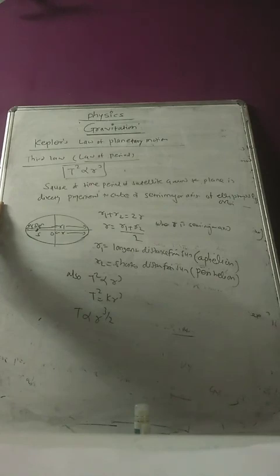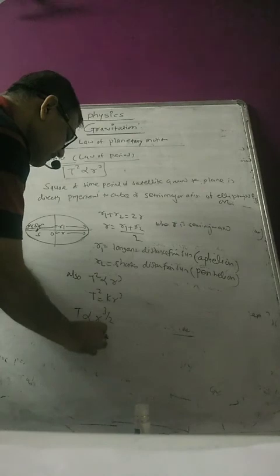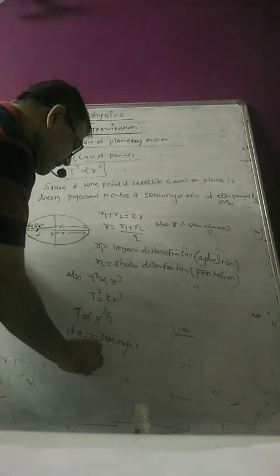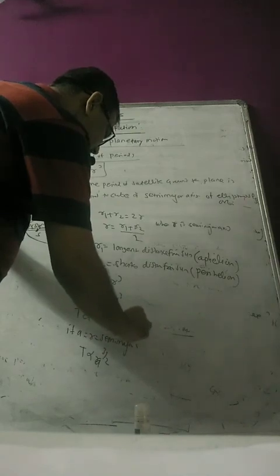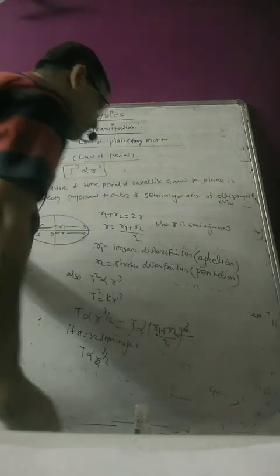Or where a is the semi major axis, a is equal to R is equal to semi major axis, then T is directly proportional to a raised to 3 by 2, or T square is directly proportional to a cube. Or this can also be written as T is directly proportional to (R1 plus R2 by 2) raised to 3 by 2. You can write down this expression like this also. Okay. So this is all about your Kepler's 3 laws of planetary motion.